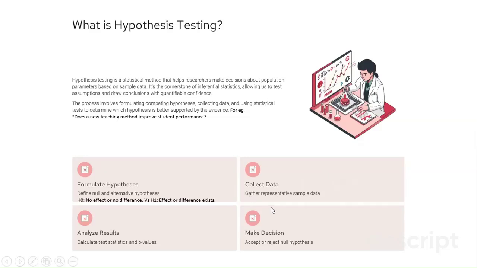We will collect the data, formulate the hypothesis, analyze it statistically, and then make a decision. So, the basic process involves forming hypothesis, collecting data, analyzing results, and finally making a decision.